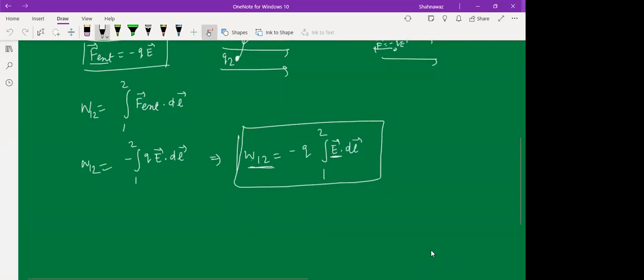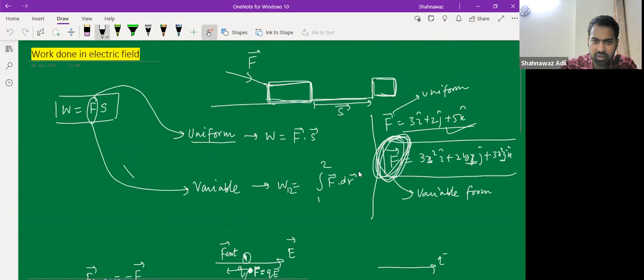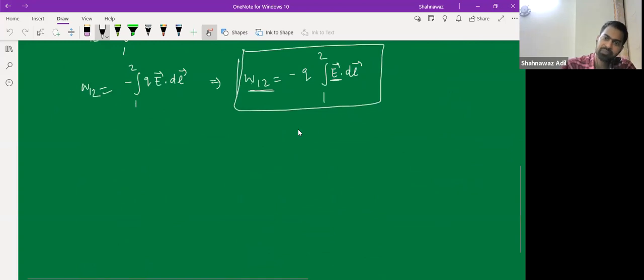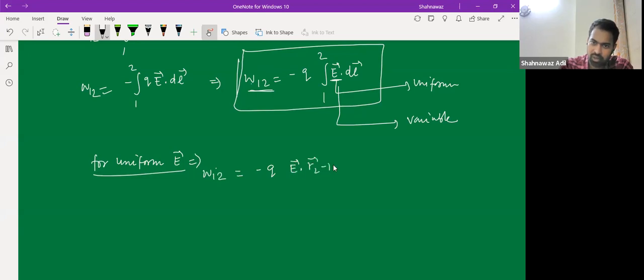Now you see, in the previous case, we had two kinds of force, right? The uniform one and the variable one. In a similar manner, we have two kinds of electric field: one is uniform and the other one is variable. For uniform electric field, this formula changes to simply W from 1 to 2 is minus Q E dot (R2 minus R1).